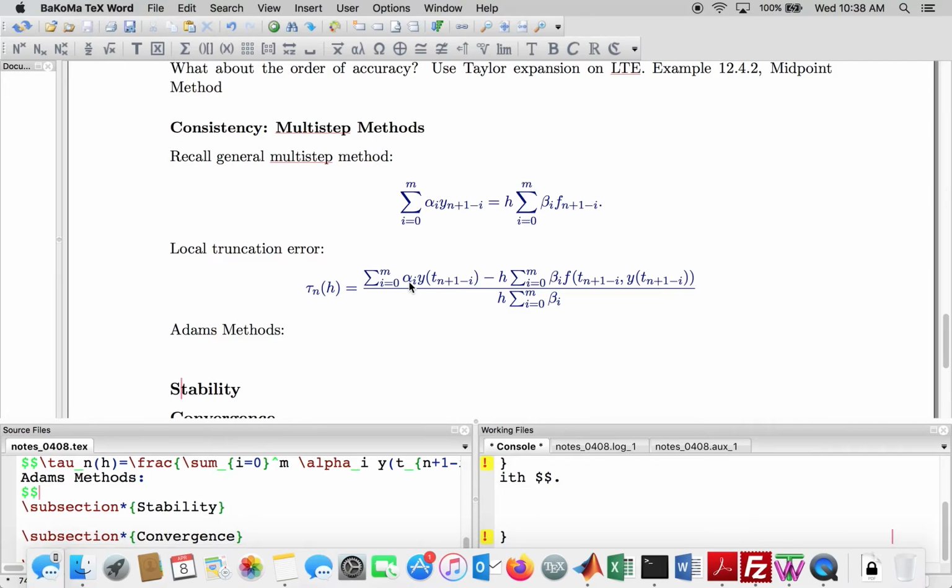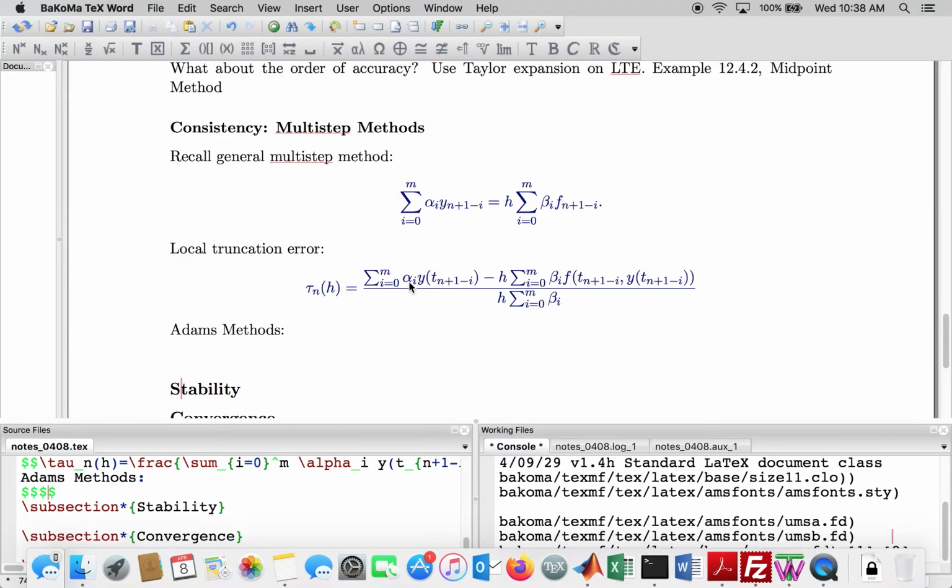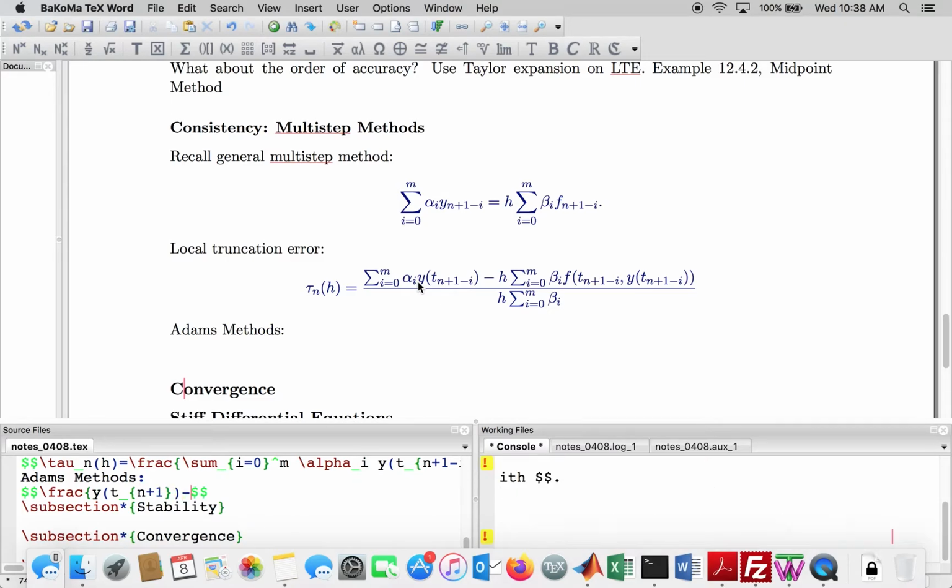Okay. All right. So if I just take that into account here, then what I'll get is y of tn plus 1 minus y of tn.